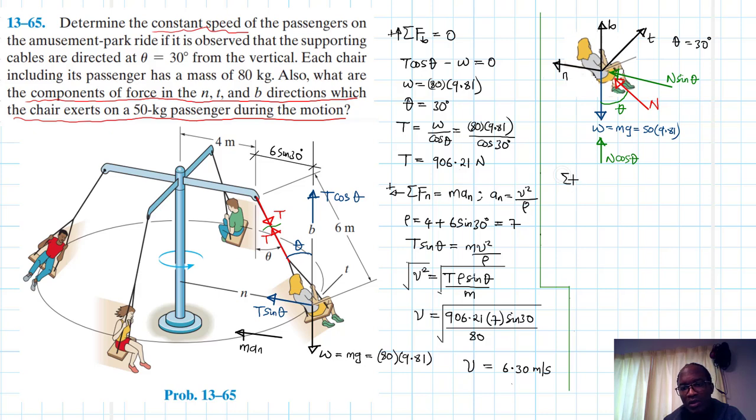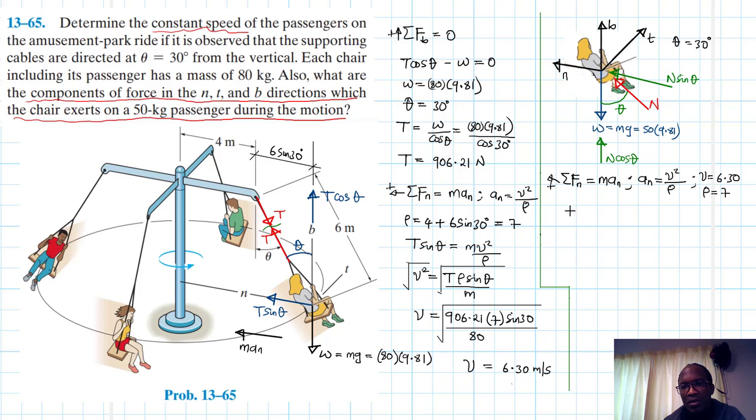We'll say summation of forces along the n direction, going in this direction being our reference, is equal to MAN. And we know that our AN is the centripetal acceleration, which is just this, V squared over rho, where V is equal to 6.30 and rho is equal to 7 meters.